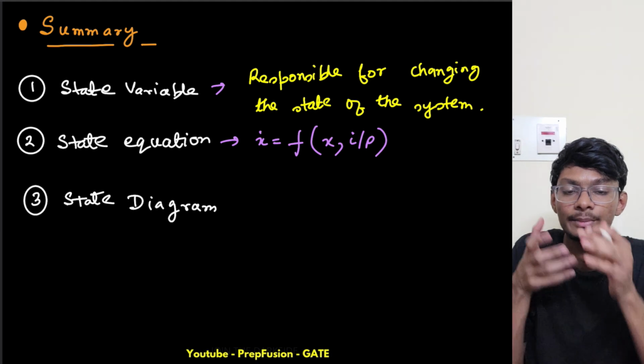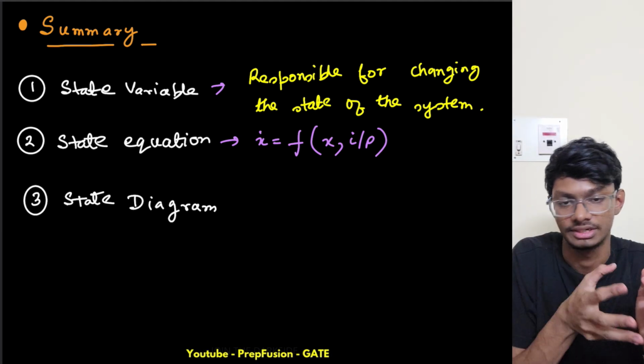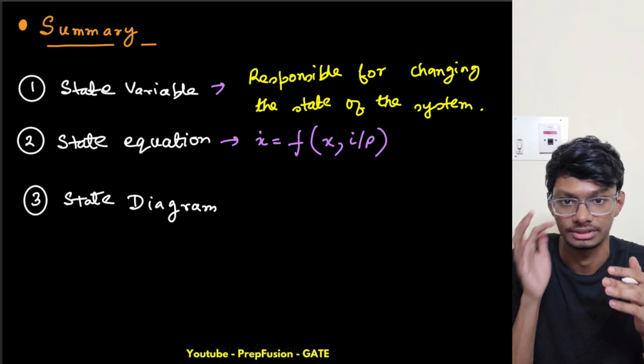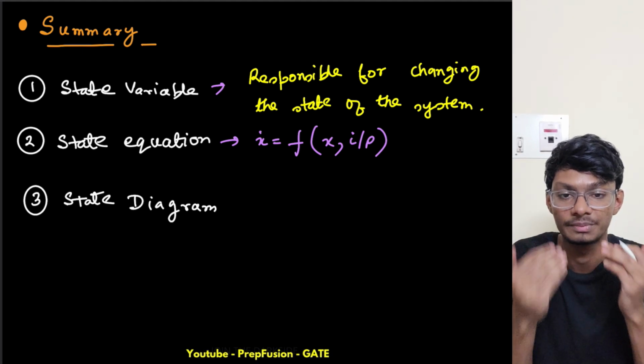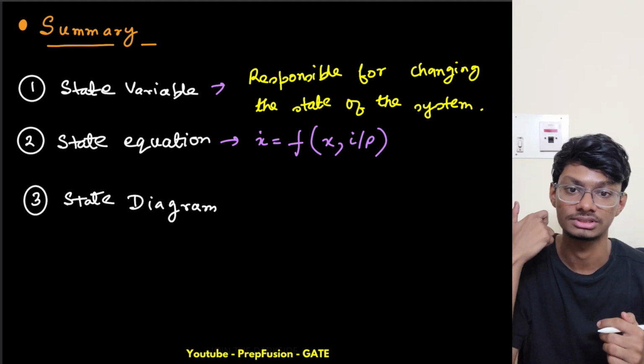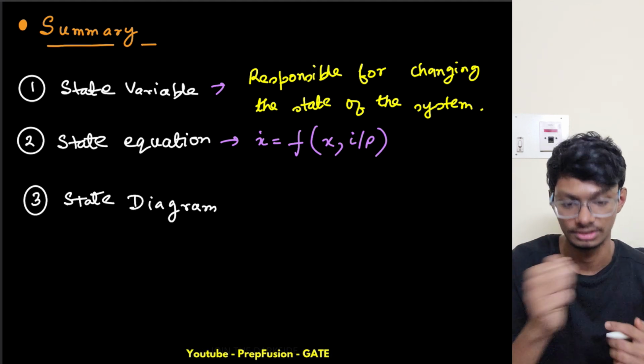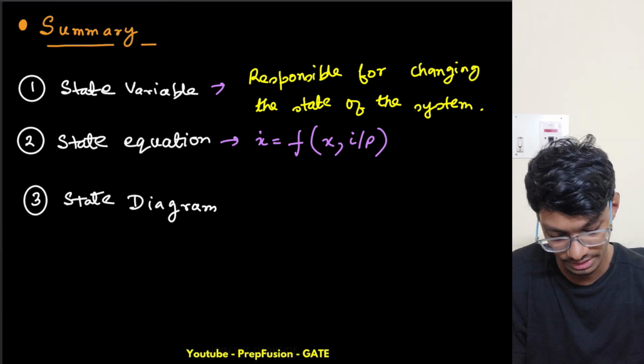Now state diagram is basically a pictorial representation of the state equation or the state space representation. State space representation means it involves both the state equation and the output equation. So what is state diagram?